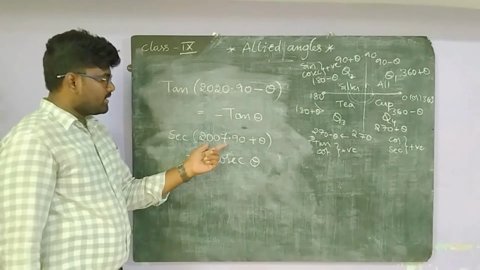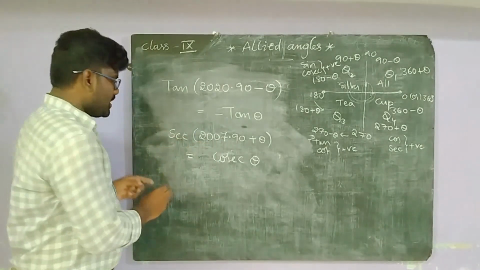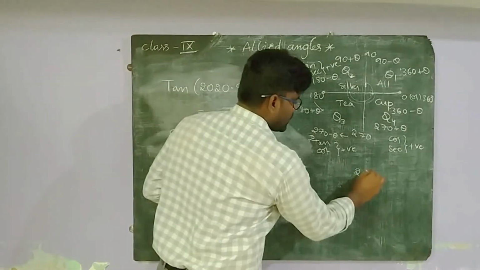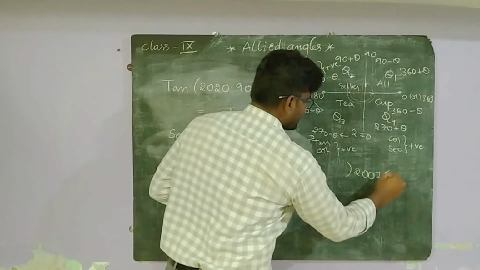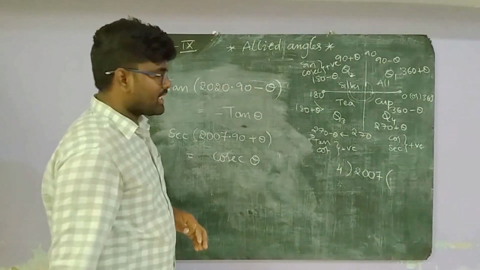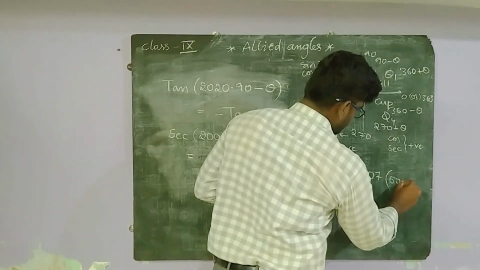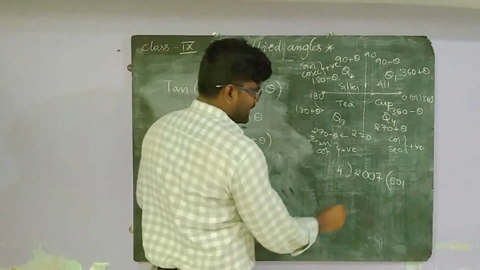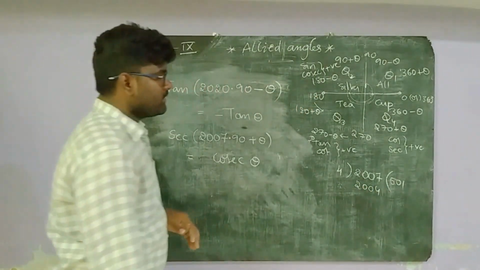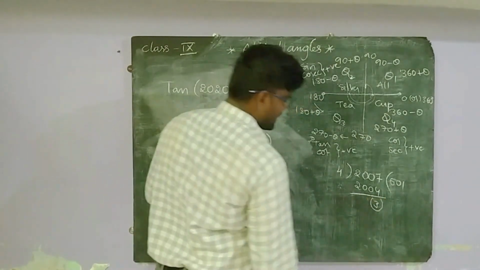How can we define it? Just here, we divide 2007 with 4. 2007 divided by 4, the remainder, how much are we getting? 501 times, 2004, so the remainder we are getting is 3.